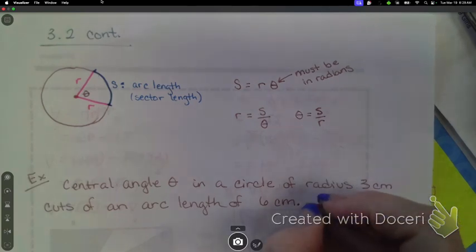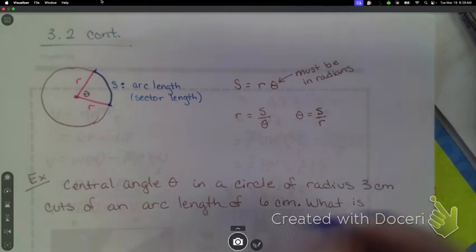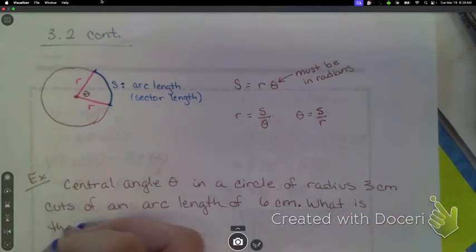What is theta? Or what is the central angle, which is theta, correct?